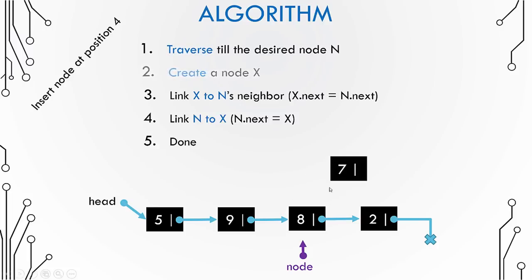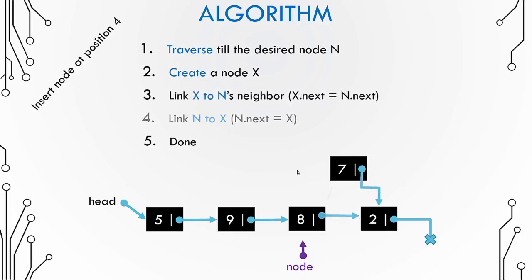Now our goal is to point 8 to 7 and then point 7 to 2. How do you do it? Well, you already know the address of node 2, which is pointed to by node 8. So you can just use this link and link node 7 to 2. Now 7 is connected to node 2.